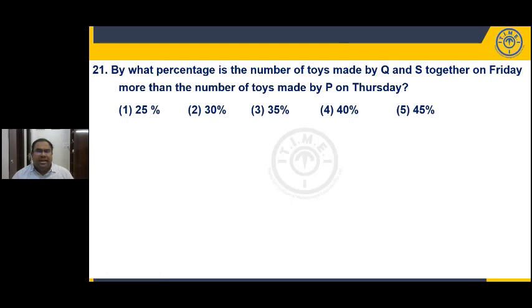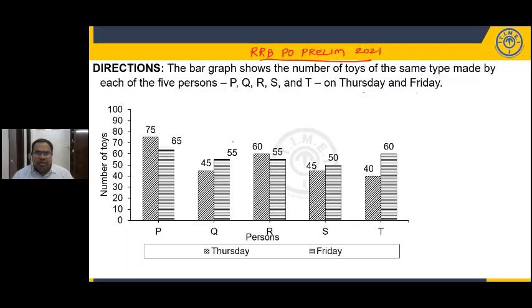By what percentage? Question number 21. The number of toys made by Q and S together on Friday is more than the number of toys made by P on Thursday. Just look at the graph. Q and S on Friday, Friday Q, Friday S, 55 plus 50, 105.